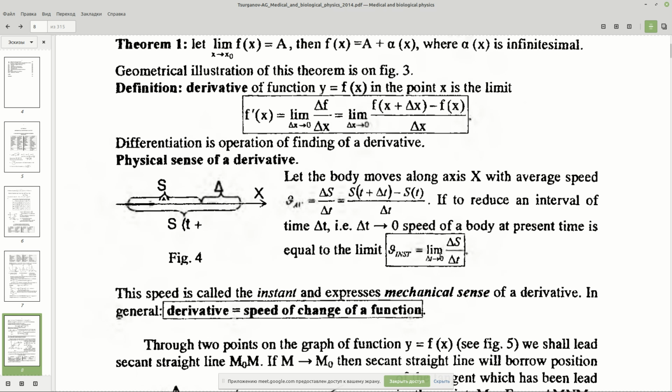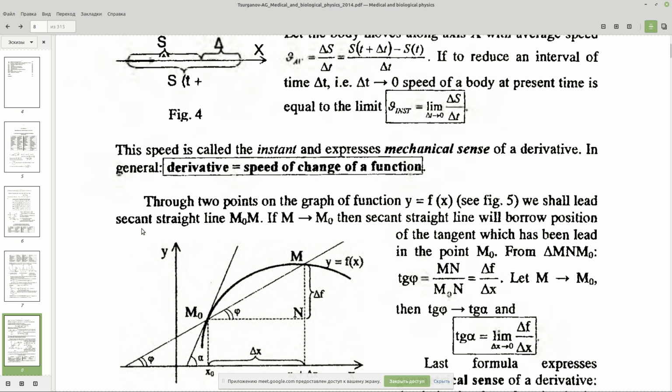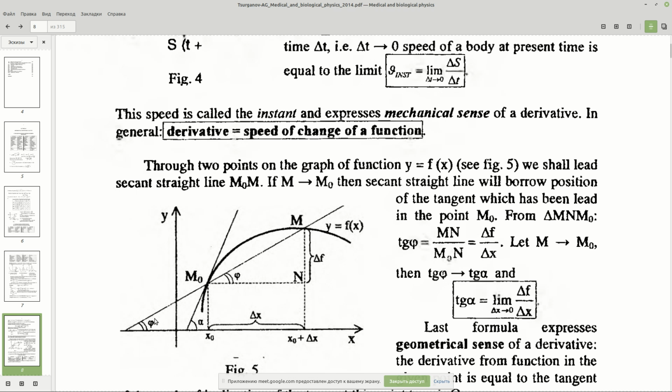In general, the derivative is equal to the speed of change of a function. So we have another graph. Through two points on the graph of the function y equals f of x, on figure 5, we draw a secant line m0 m.